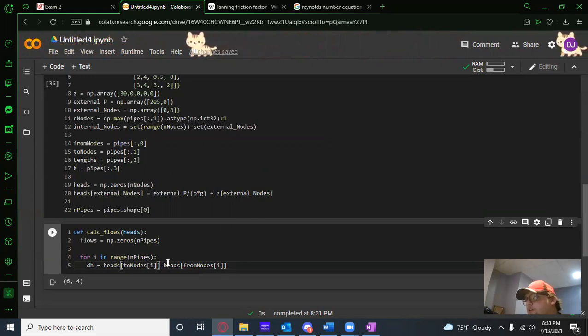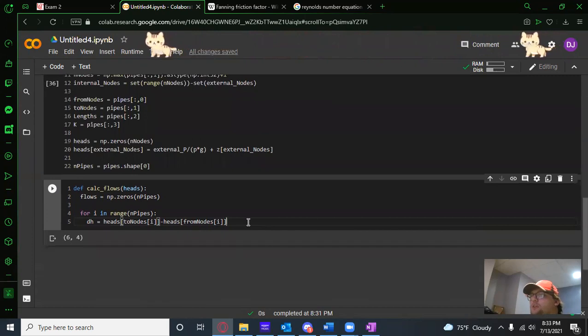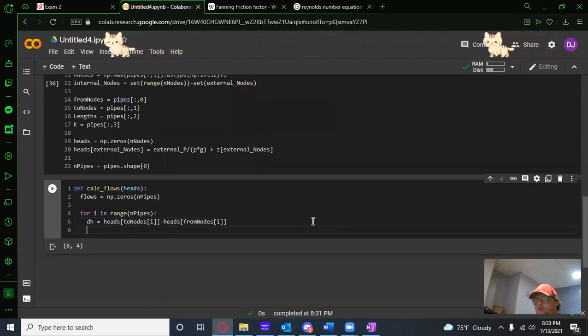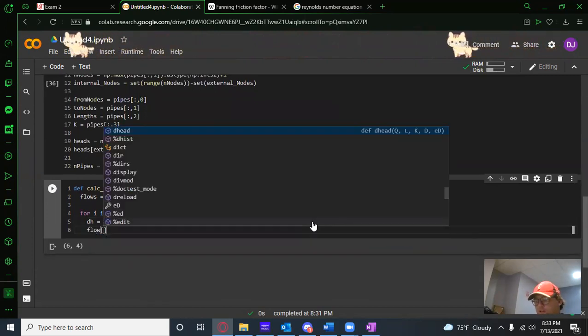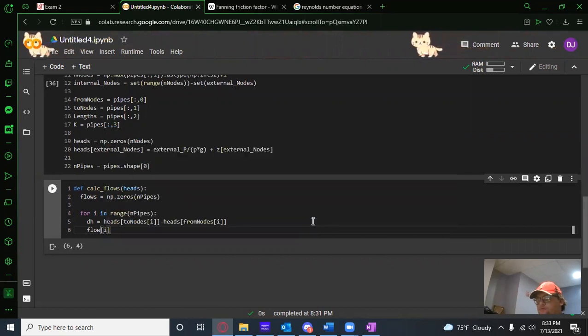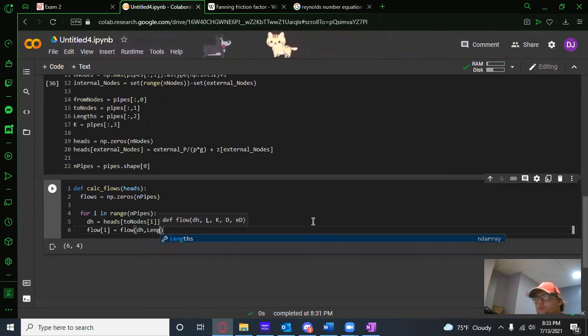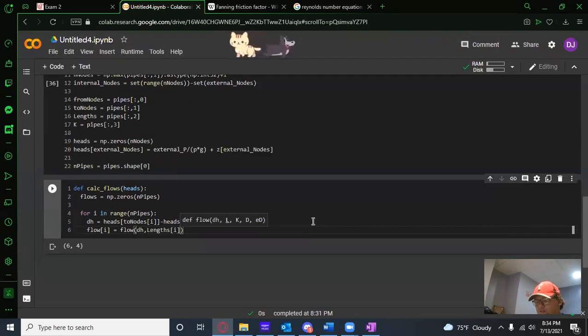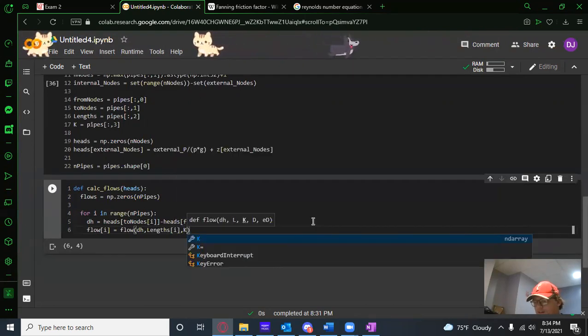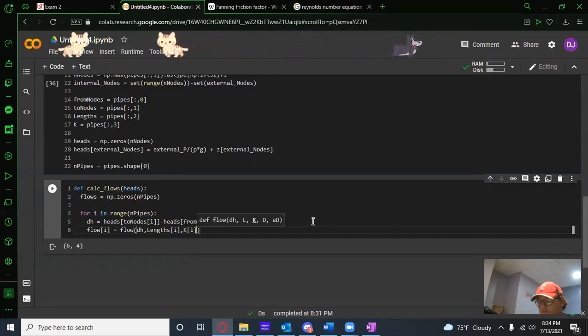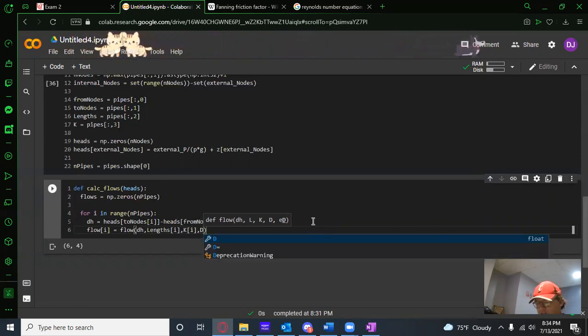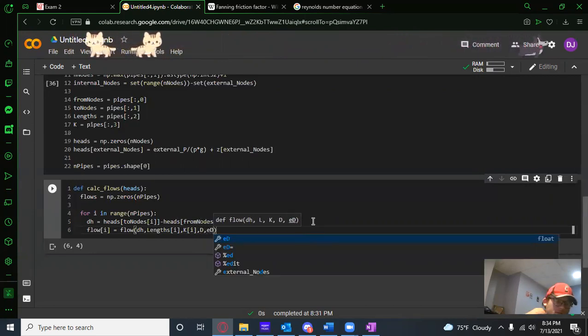So our to node will be our outlet, our from node will be our inlet. And then our flow i will be equal to our flow, our DH, our lengths i, our K i, our D, and our ED.